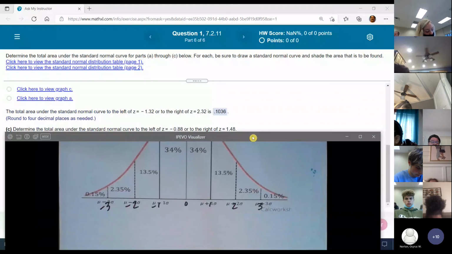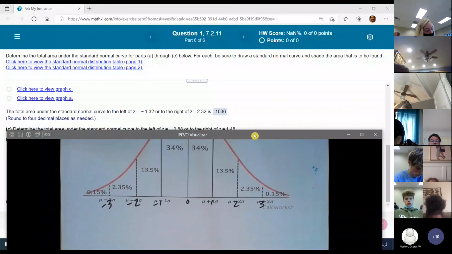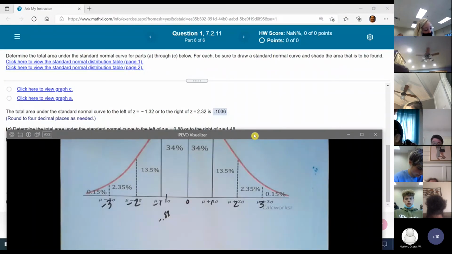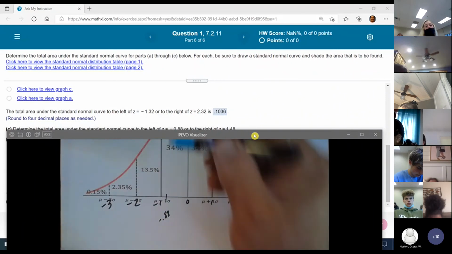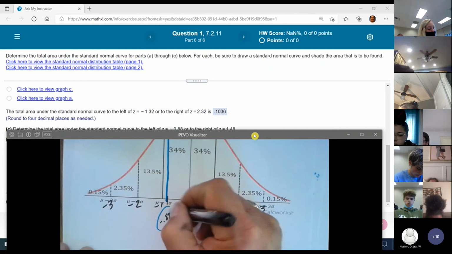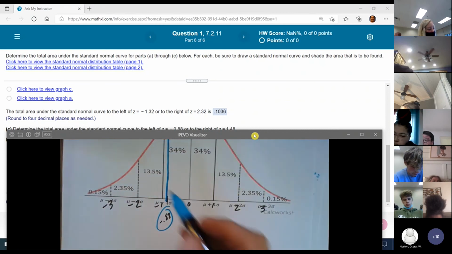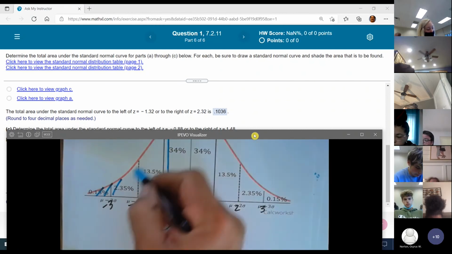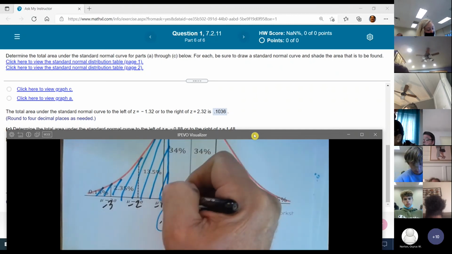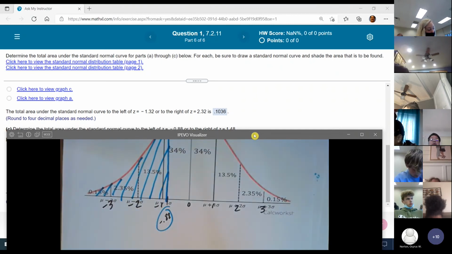Okay, negative 0.88. And negative 0.88 is going to be right in here. So I'm going to draw a line like this. And they want this area right here. And then to the right of 1.48.